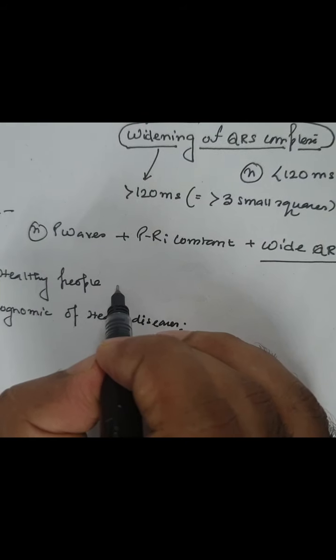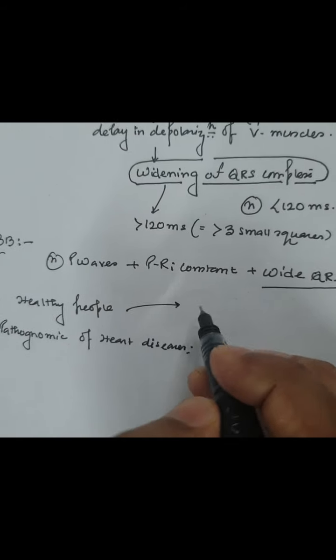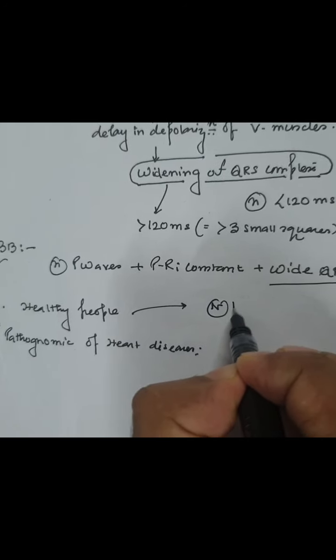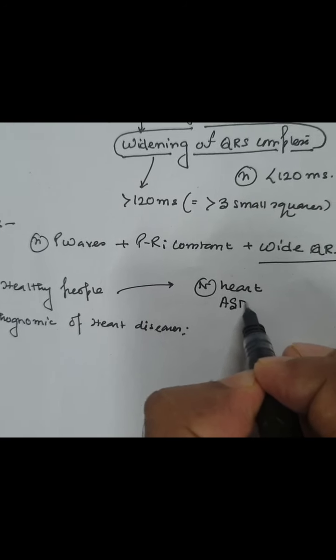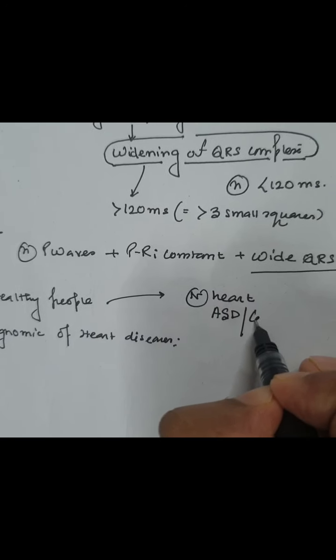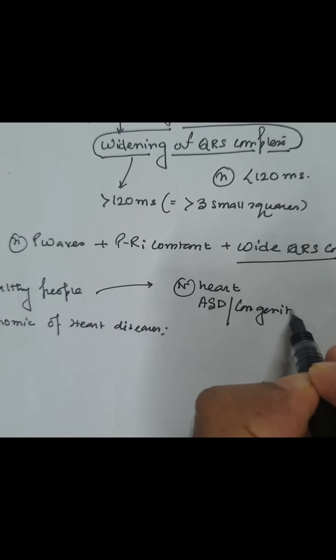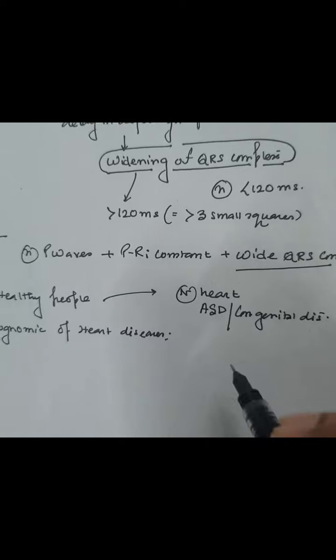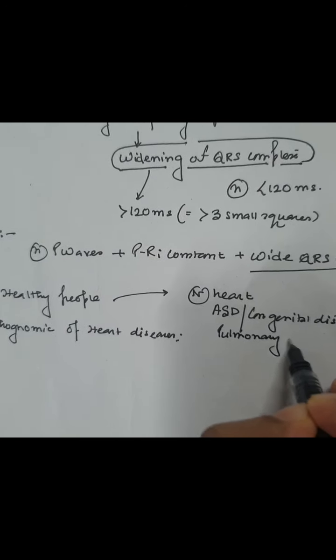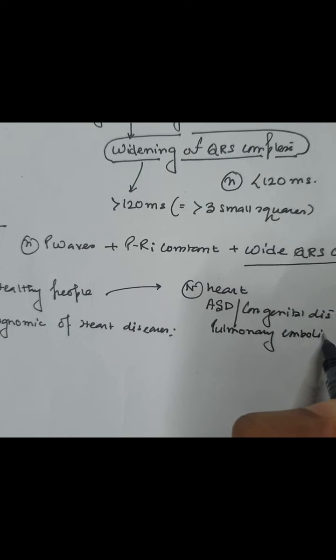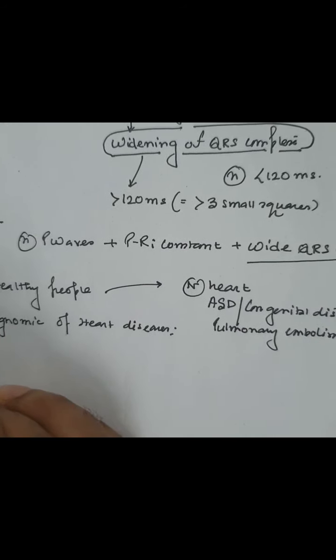Take a look at the different causes of the RBBB. At first, a normal heart, atrial septal defect or some congenital diseases, and last is pulmonary embolism.